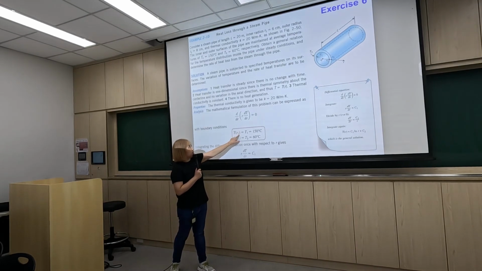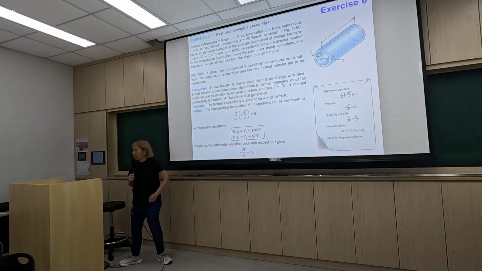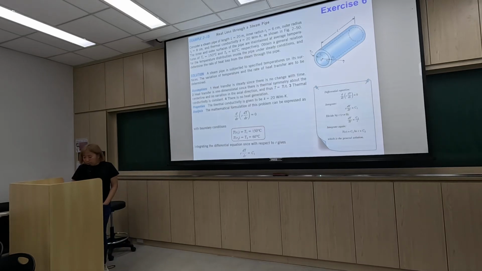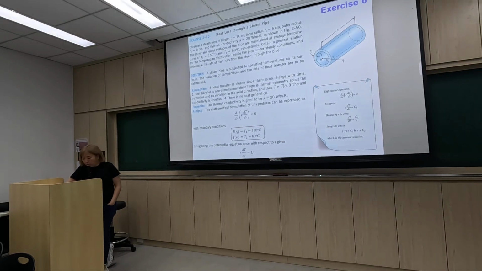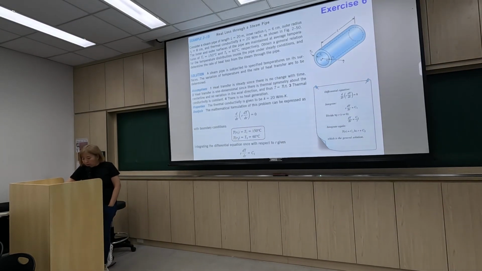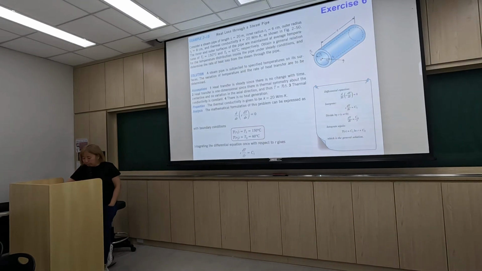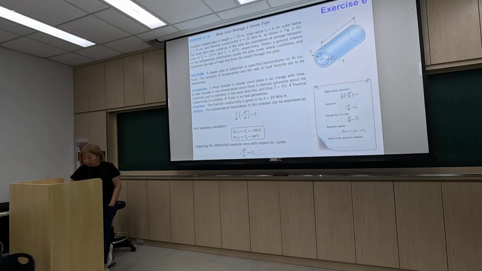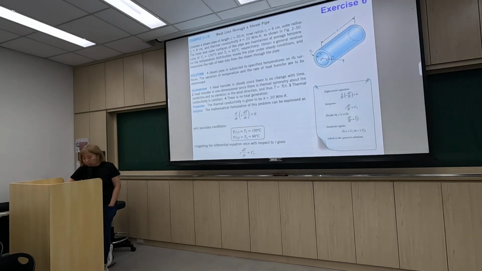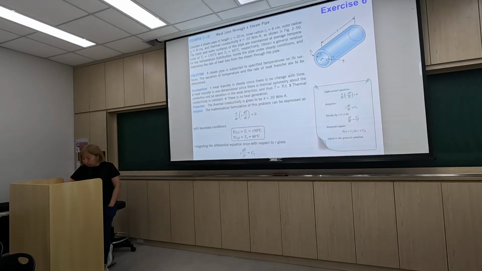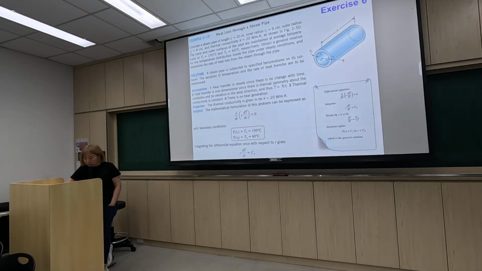This case is a steam pipe. The question wants to know the heat loss through the steam pipe. The length of the steam pipe is 20 meters, the inner radius is 6 centimeters, the outer radius is 8 centimeters, and the thermal conductivity of the material is 20, as shown in the figure on the right-hand side.